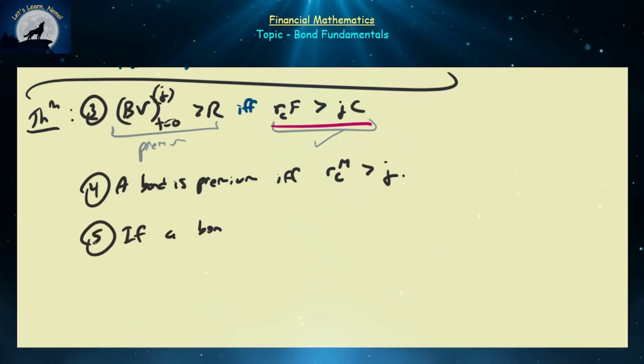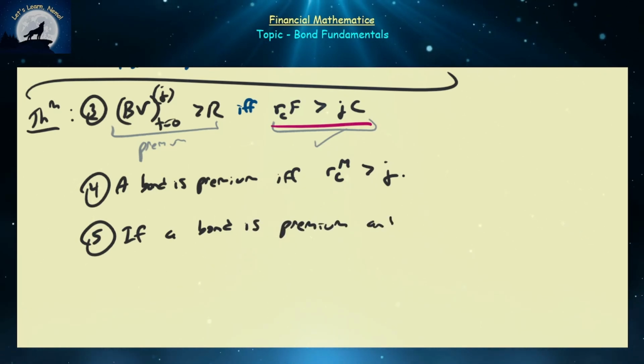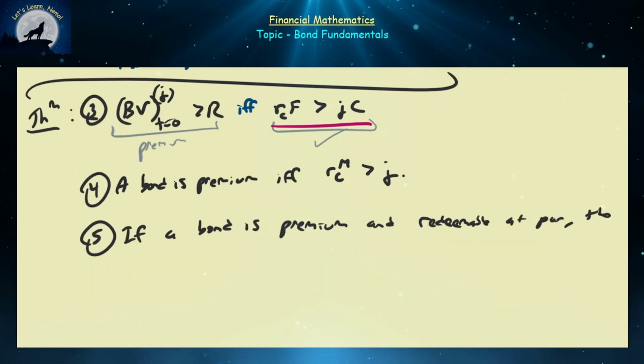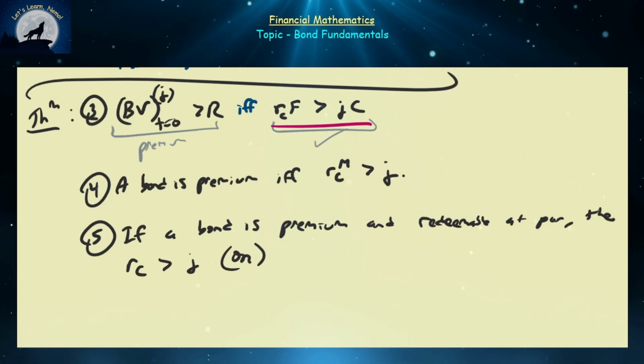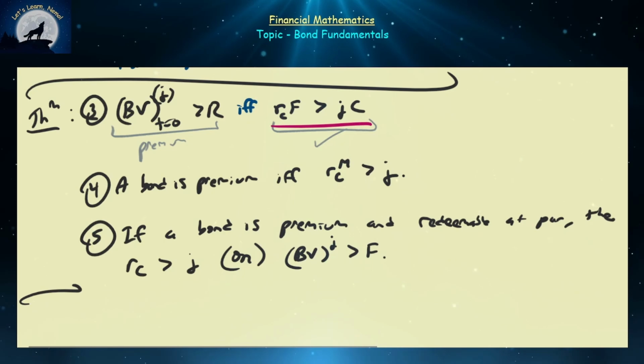If a bond is premium and redeemable at par, then RC will be greater than J, or equivalently, BVJ will be bigger than F. So we have those immediate inequalities, combining all the things that we've discussed up to this point.